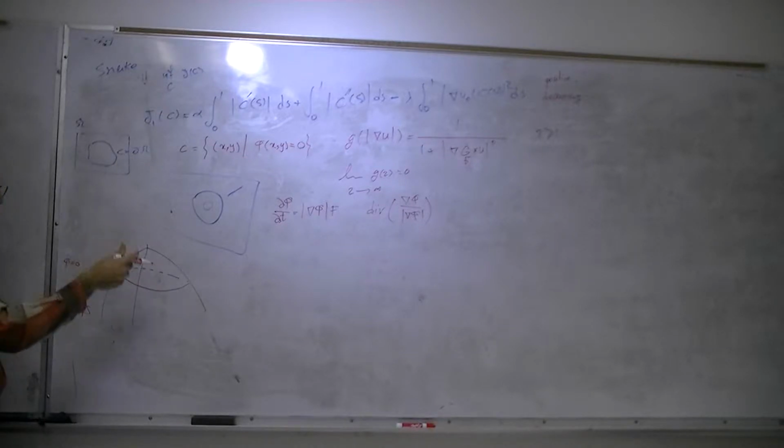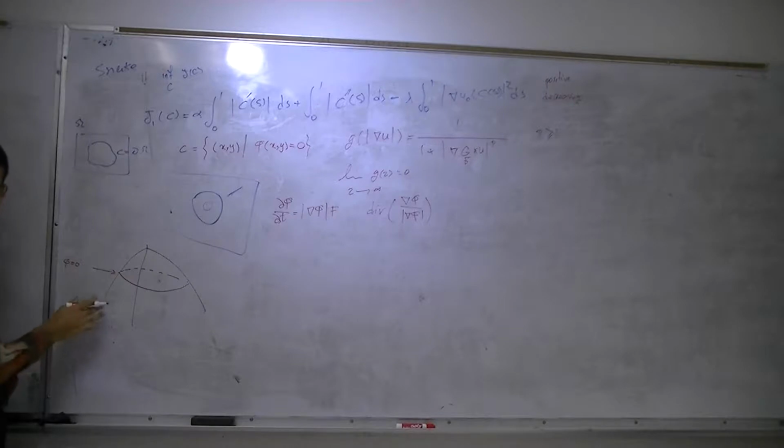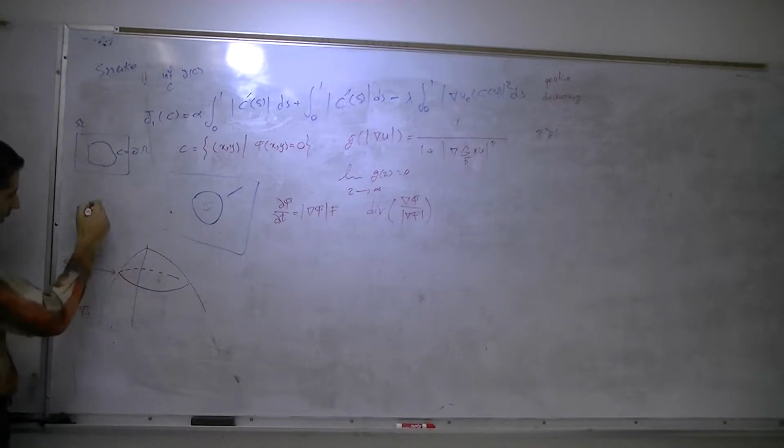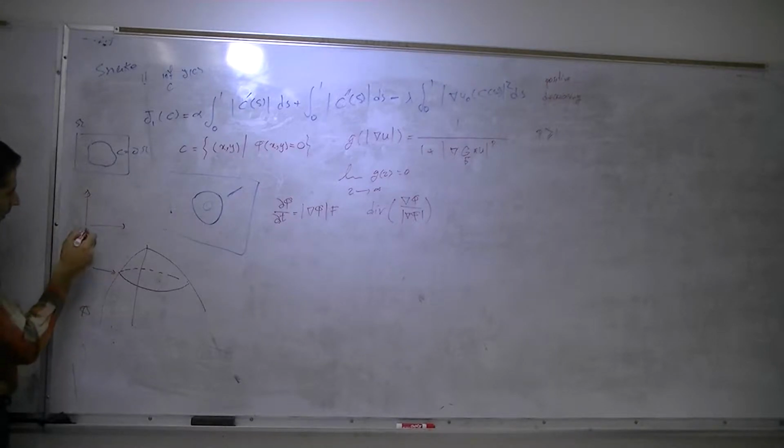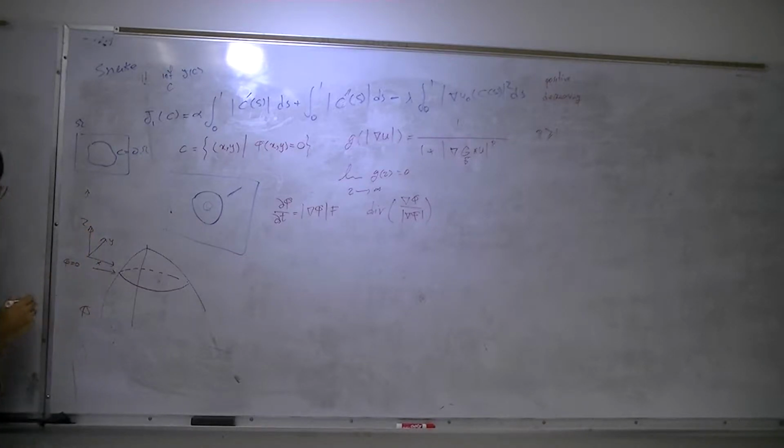In our problem, you can consider a phi for each point in the 2D space, for example, x, y, and z, where z is the value of phi.